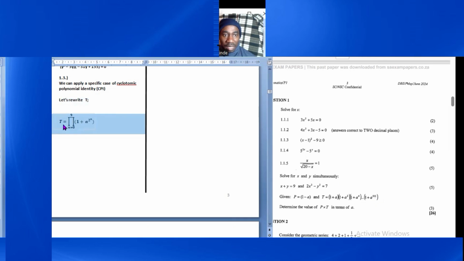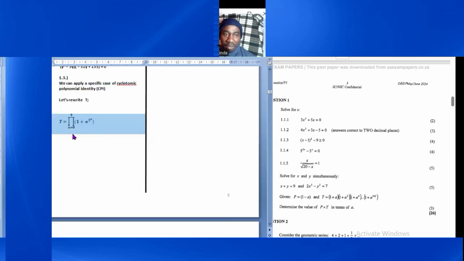So you can see T equals 1 plus a to the power of 2 to the power of n, right? And there's a lower limit and an upper limit. The lower limit here is 0 and the upper limit is 9.